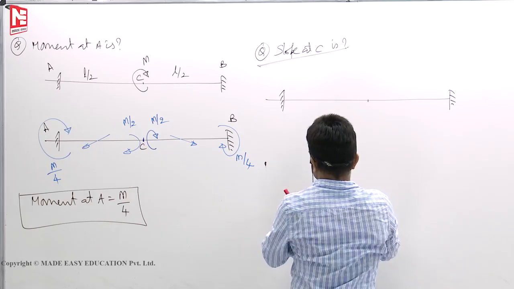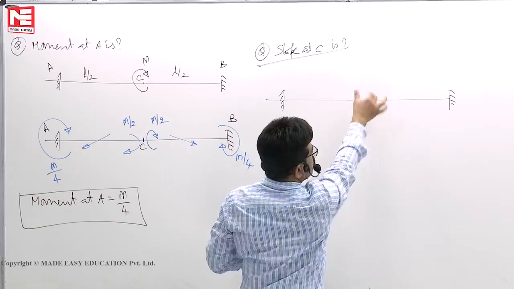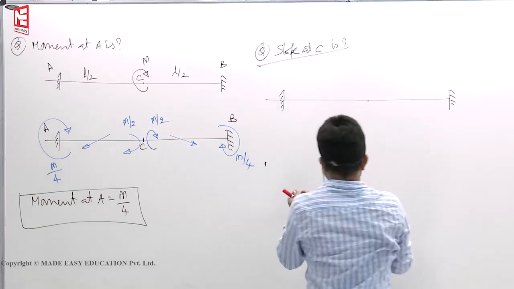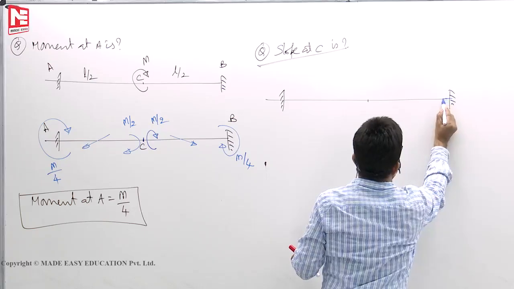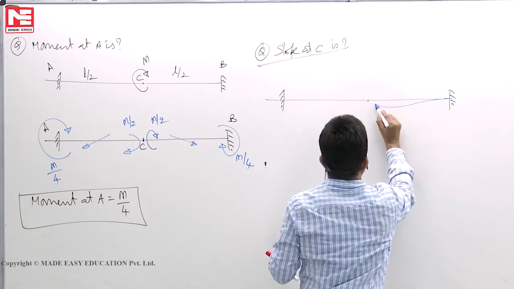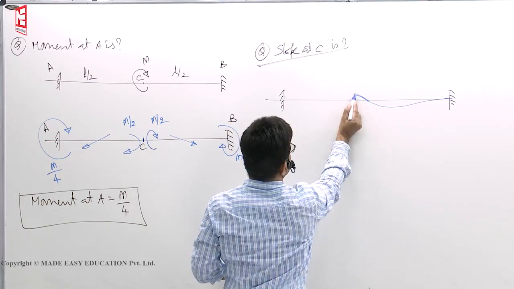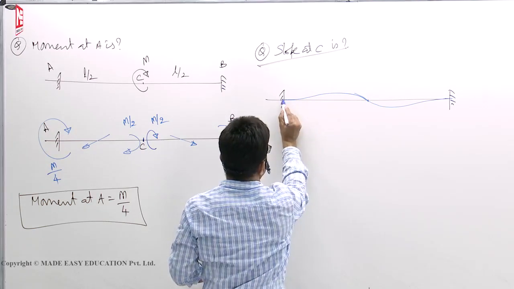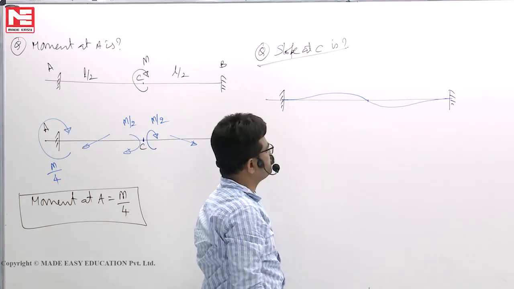When you apply a moment M, see how my fingers are moving like this. This goes down, this will go up. Because of the lengths being same, I value same, at center slope will be 0 like this. This is the deflection profile.